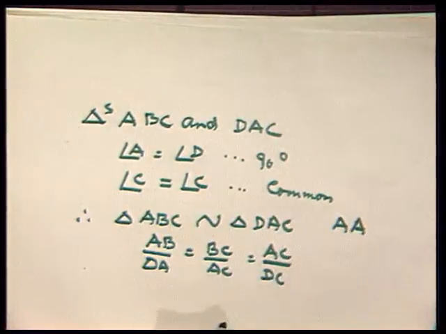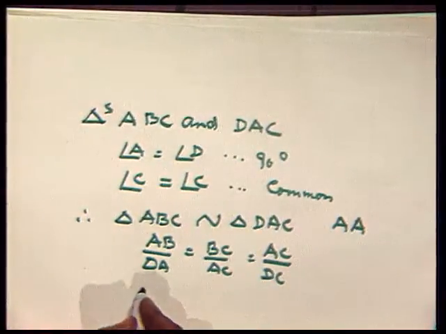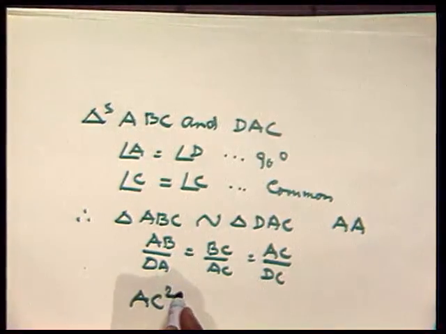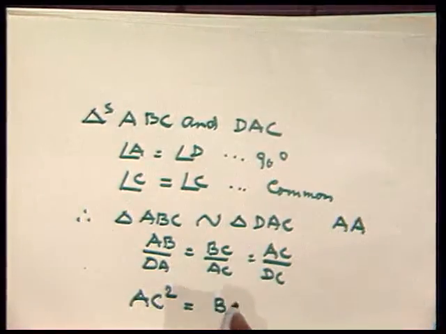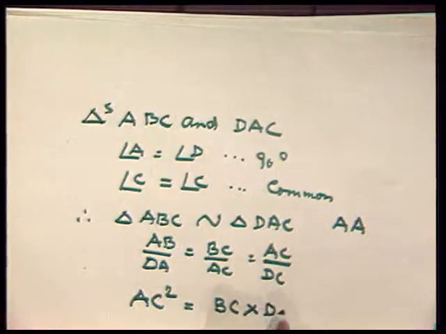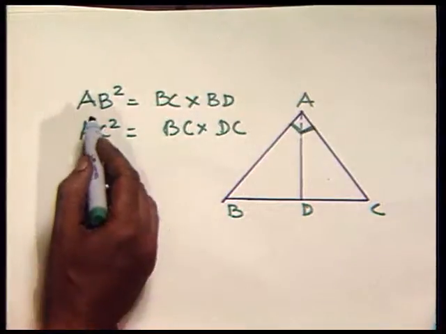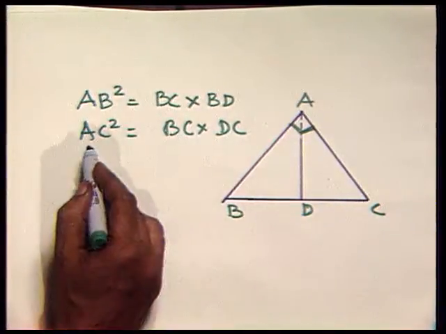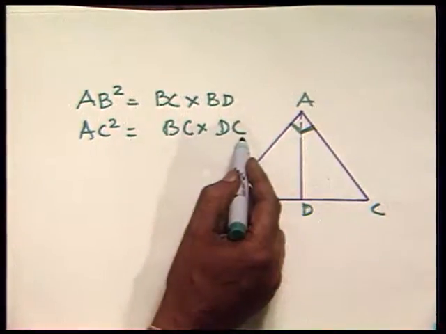Taking this last equality, we find that AC square is equal to BC into DC. So, we have AB square equals BC into BD and AC square equals BC into DC.